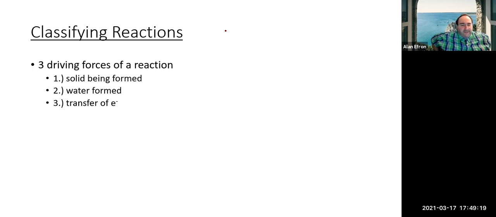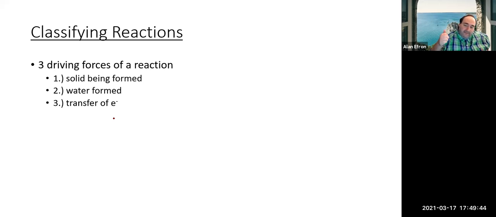One is a solid being formed, which is sometimes referred to as a precipitation reaction. Another is water being formed, which is the formation of H2O, and also a transfer of electrons. Those are three driving forces for reactions. What that really means is those are the three things that reactions make.